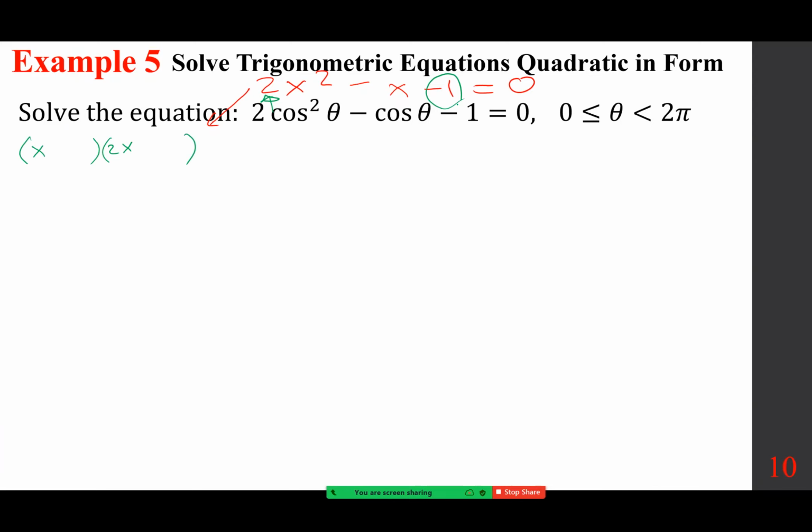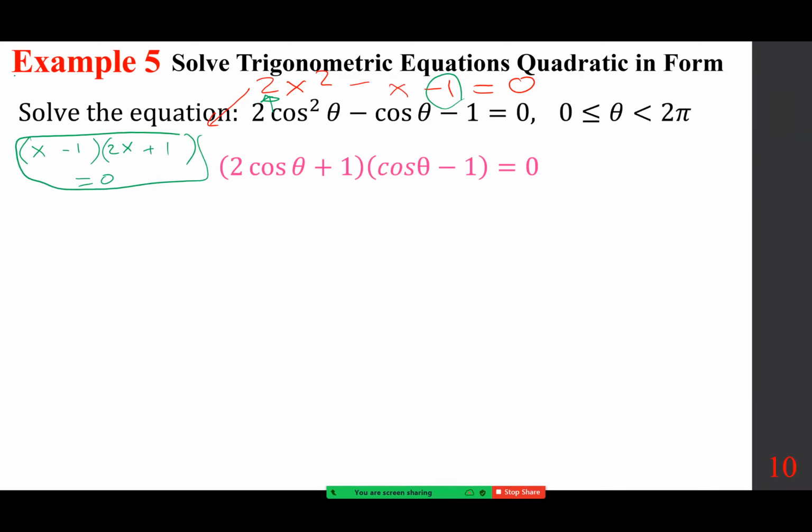So if we put -1 here, +1 here, this works. And we can do this without the substitution. If we are using this, that means we let x represent cosine theta. That's the meaning of it. We don't need to do that. We can do the factoring.